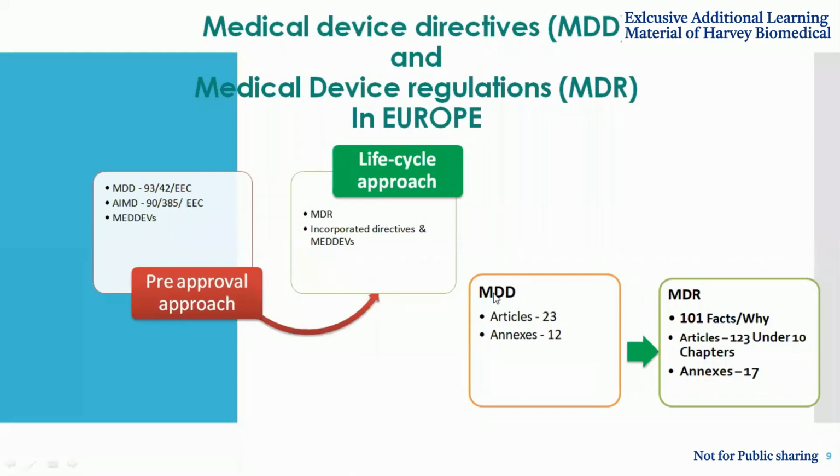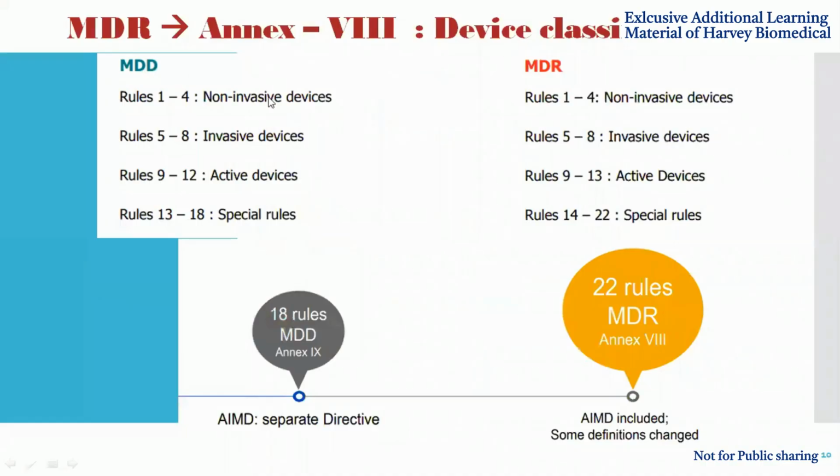If you see the earlier MDD, articles were 23 and annexes 22. Now the articles are 123, and these 123 are made into 10 chapters, and here annexes are 17. In the same way, in the MDD there are 18 rules, and now the rules are 22. Here AIMD is a separate directive.